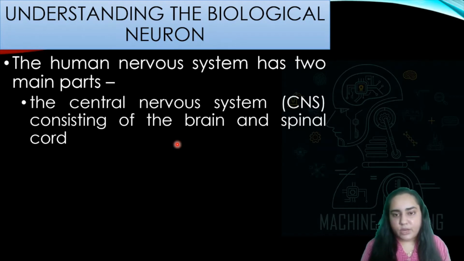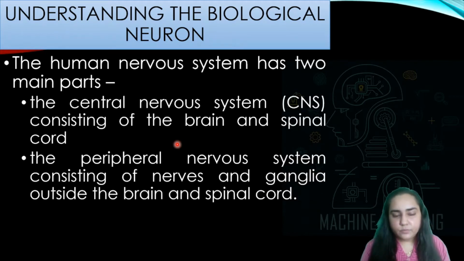So we have the brain and the spinal cord, and we also have the peripheral nervous system, which consists of nerves and ganglia outside the brain and the spinal cord. This whole thing is connected to the brain.